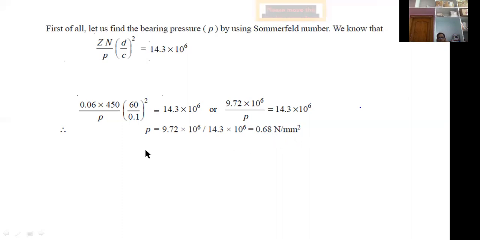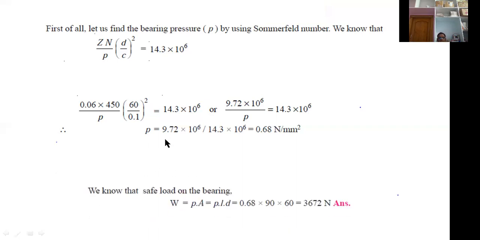This is the answer for bearing pressure. Here the value of Z equals 0.06, the value of N is 450, diameter is 60 mm and capital C equals 0.1. By using these details, finally I got capital P equal to 0.68, that is 0.68 megapascal.